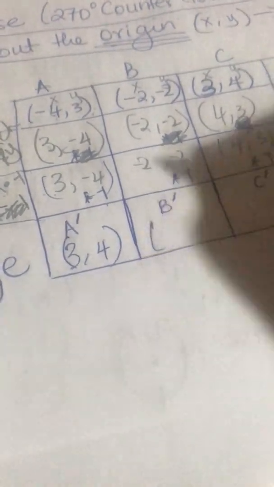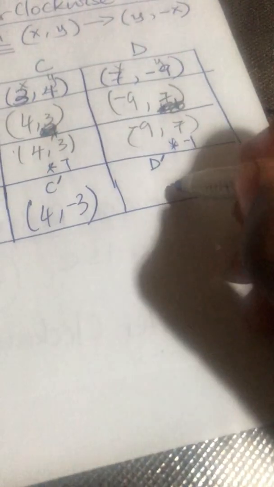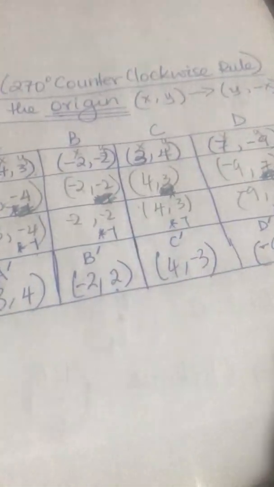Here your B prime will be -2, 2, and 4, -3, -9, -7. And this is your answer.